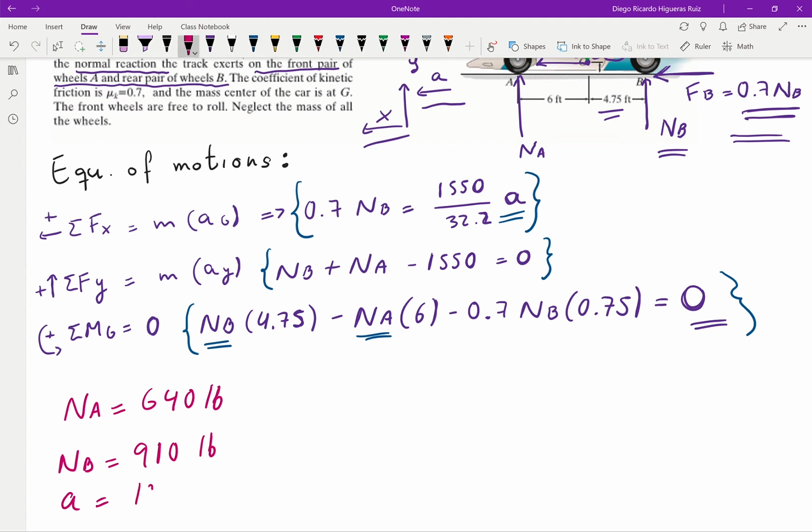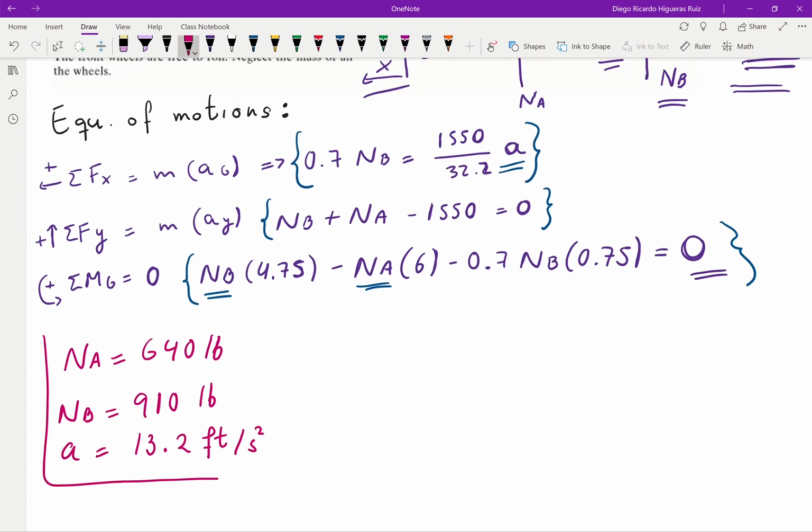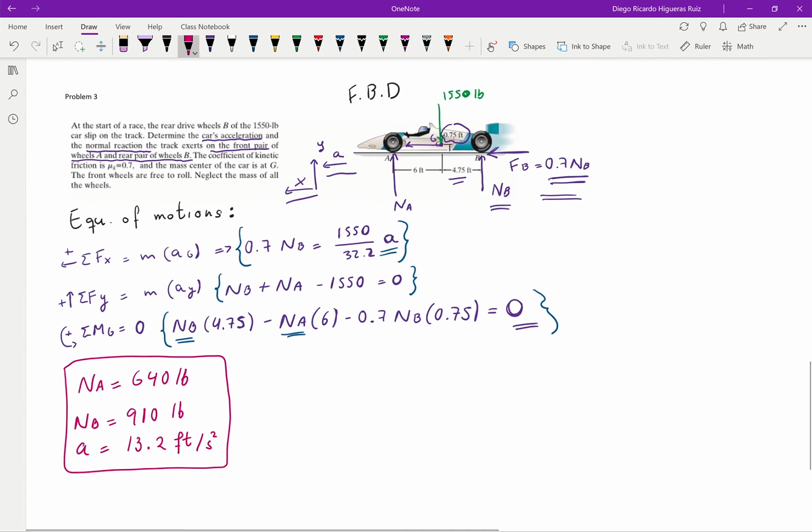Finally, the acceleration is going to be 13.2 feet per second squared. Right, I think with that we're done for today, and I will assign you a problem to do, and also email me if you have any questions.